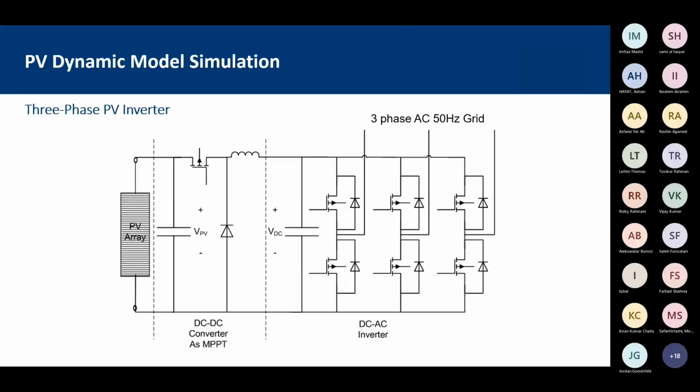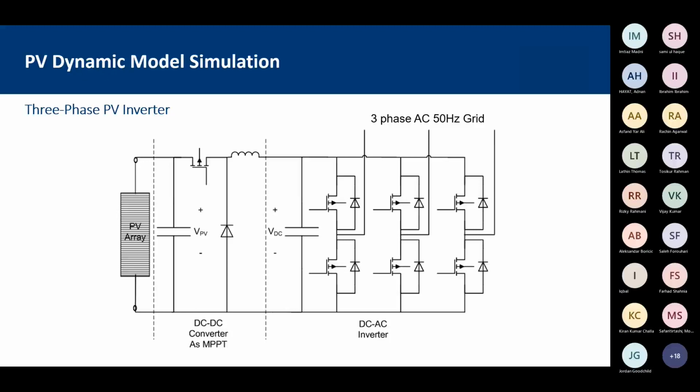Because we are talking about dynamic modeling, for steady state, it is fine that you can use one generic model for different systems. But when we do the dynamic modeling, it is very important to do it according to the specification from the manufacturer. Various regional market segments may have different grid codes.